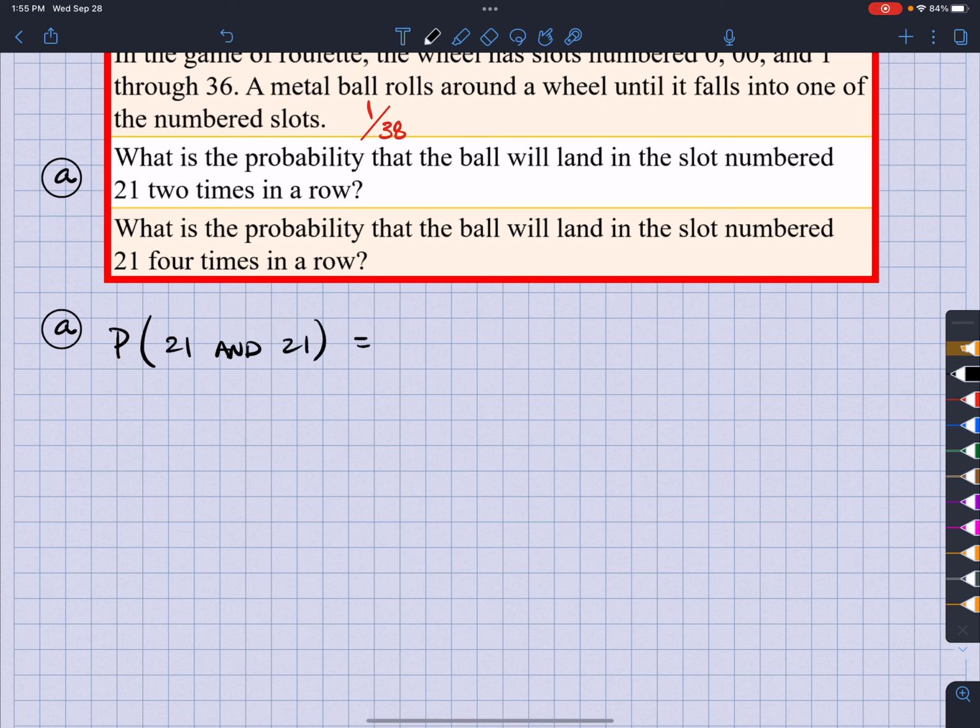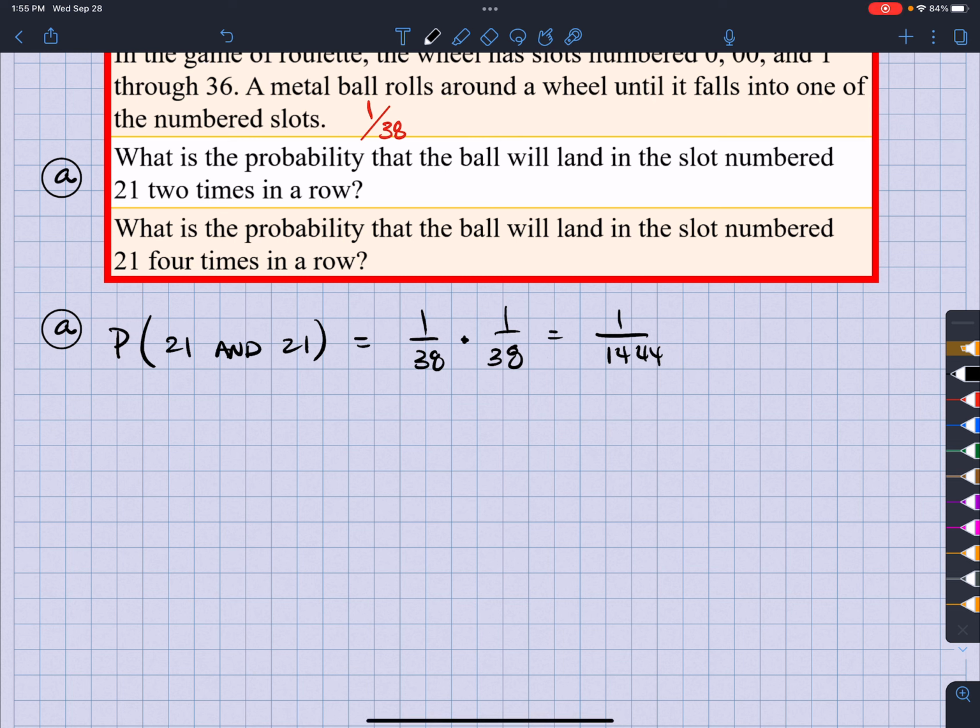That means I have a 1 out of 38 chance on the first round, and I'm going to multiply by another 1 out of 38 chance. So I'm going to have a 1 out of 1,444 chance of getting that to happen.